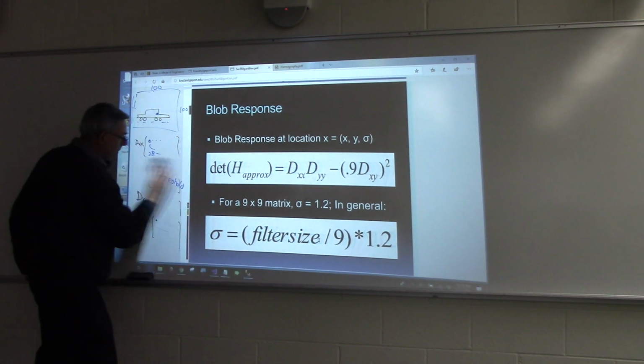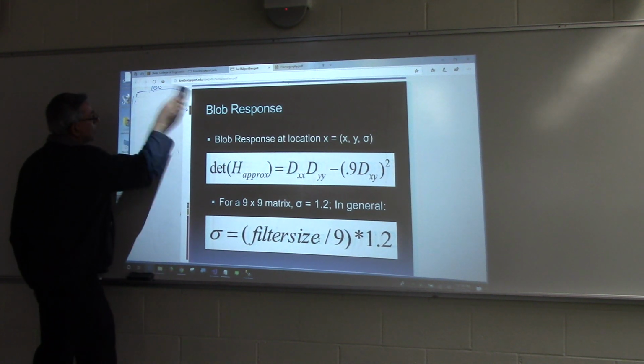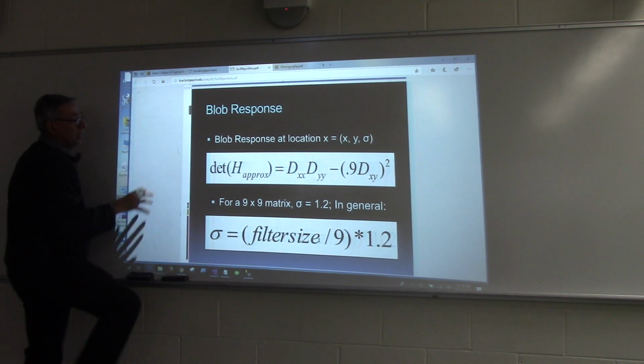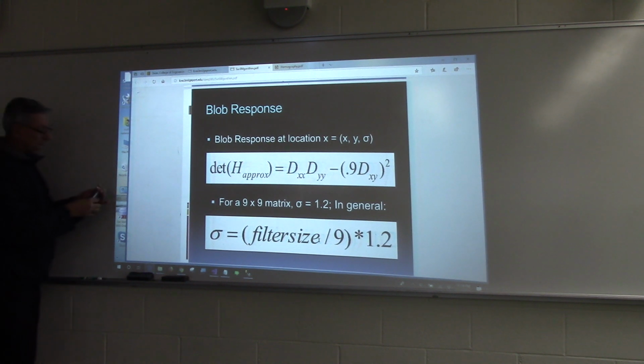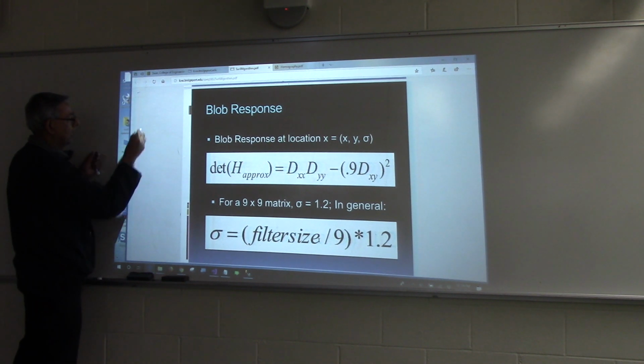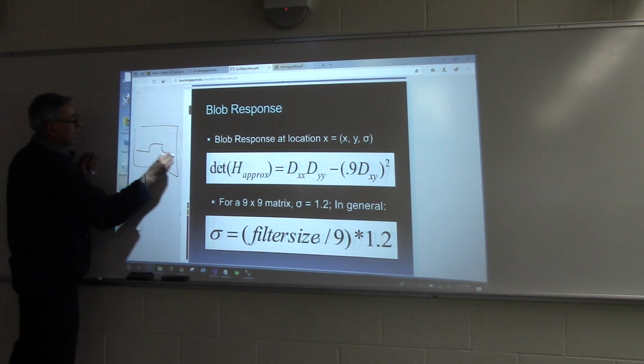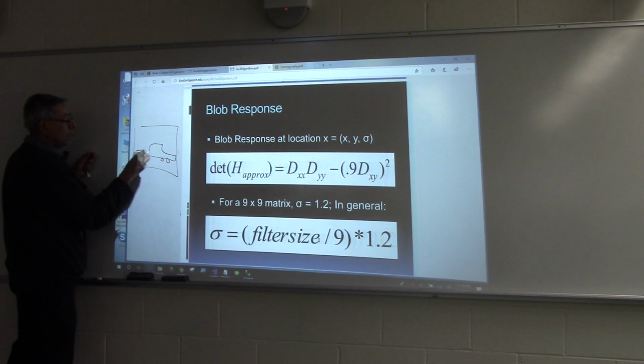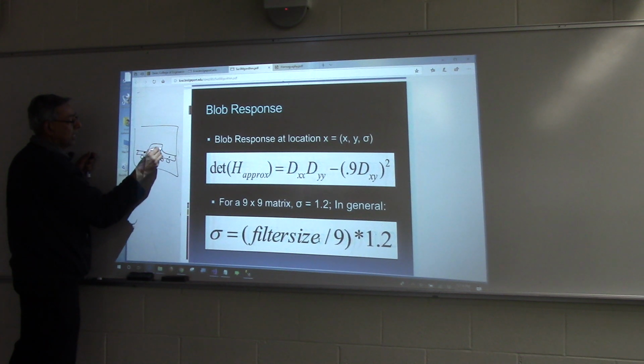Okay, so that's how, on any given image, after we compute the Dxx, Dxy, Dyy and apply this formula, some of these will come out above a certain threshold.